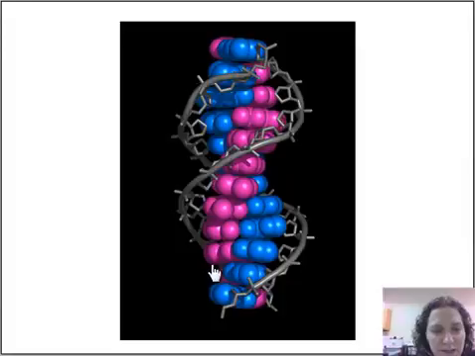And then what you see here in pink and in blue, and they look like bubbles, are the nitrogenous bases. And the order of the nitrogenous bases is what makes the genetic inherited information that's passed on from parent to offspring. Okay? This whole thing, this picture of DNA, is actually called a nucleic acid.